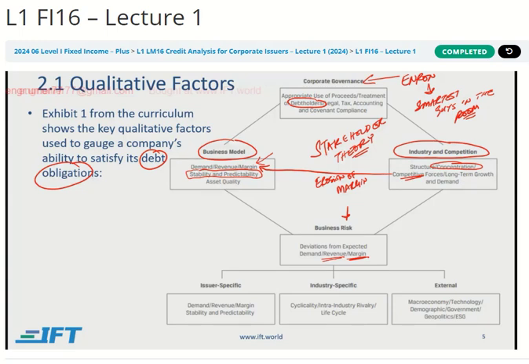Now we can break up business risk into external factors, industry specific, and issuer specific. The highest level is the external factors, where we are looking at what's happening in the economy, the macroeconomic perspective.